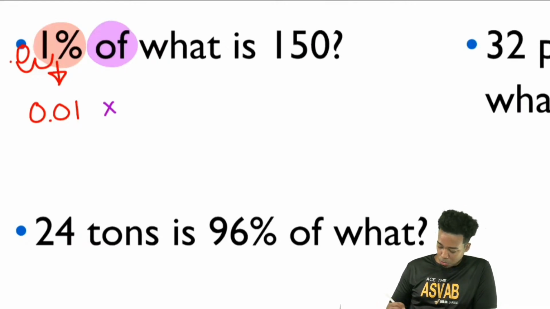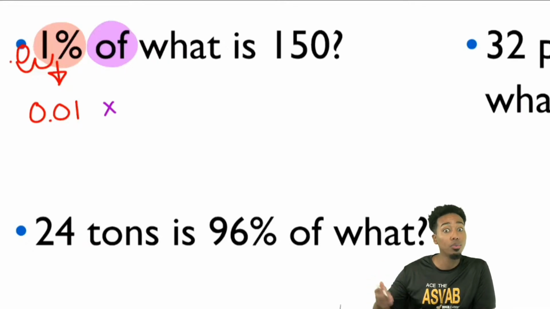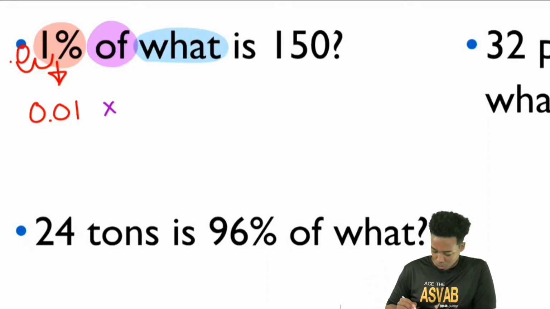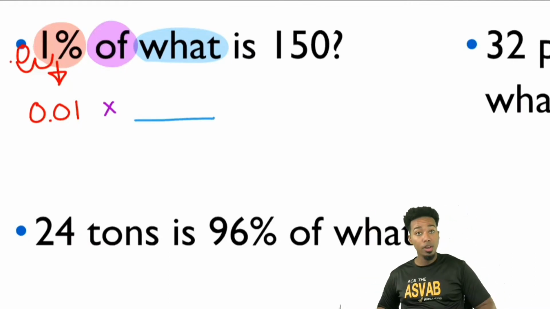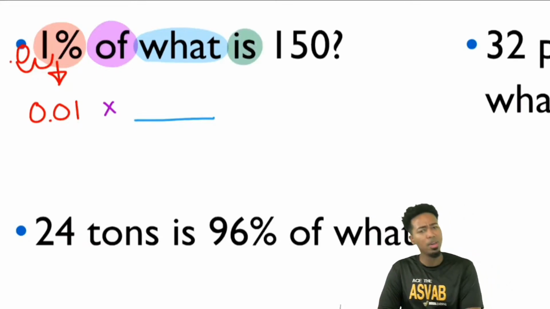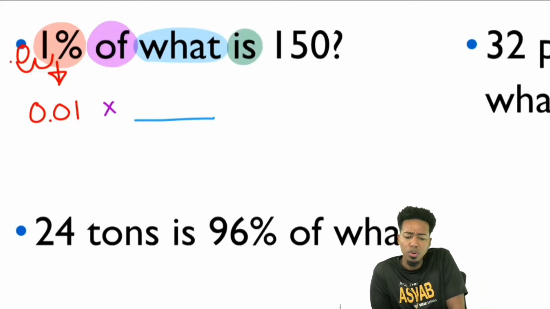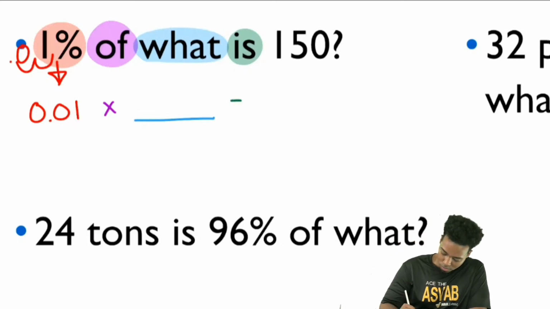And the word what is typically a placeholder, like a variable or something we don't know, so I'll put in a blank, times what. Everyone, what does the word is translate to in math? Equals. And the 150 is a number that's given to us, so I'll just write 150.